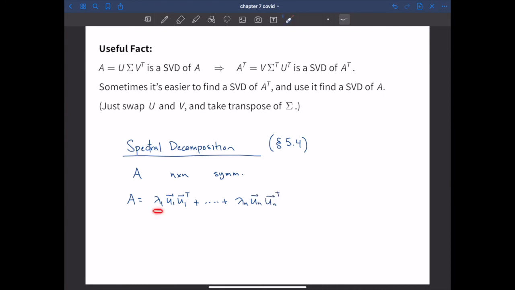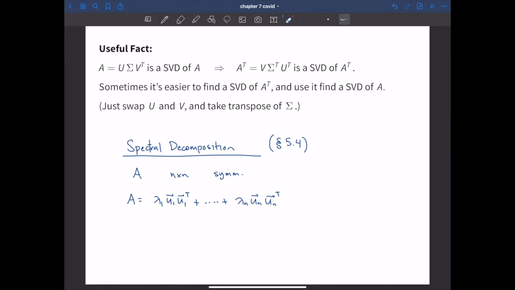Of course, the lambdas are the eigenvalues of A, and U1 up to UN are the eigenvectors which have been normalized and which are orthogonal to each other. So they're orthonormal eigenvectors. Now, this theorem has a lot of applications.